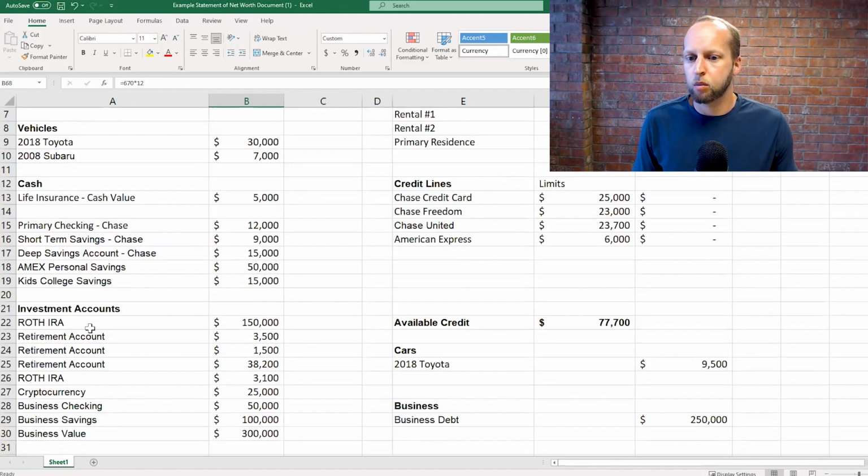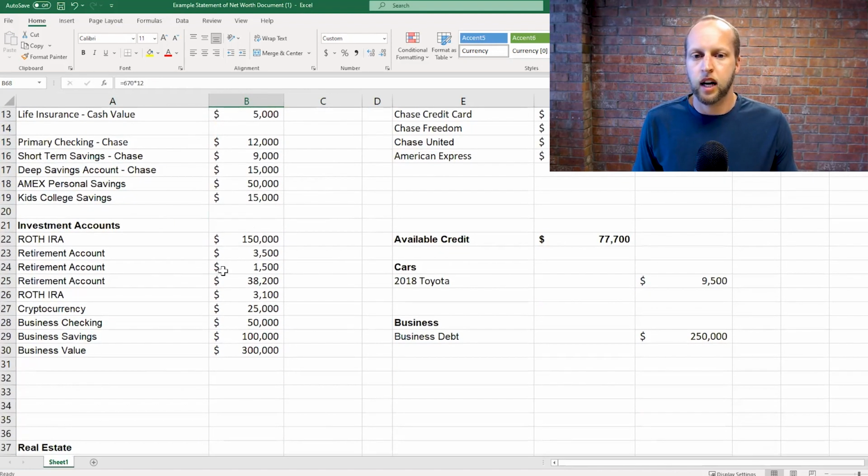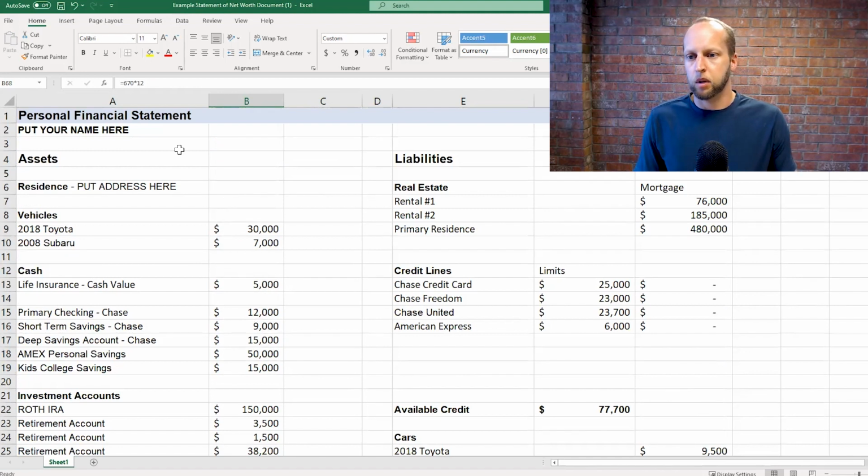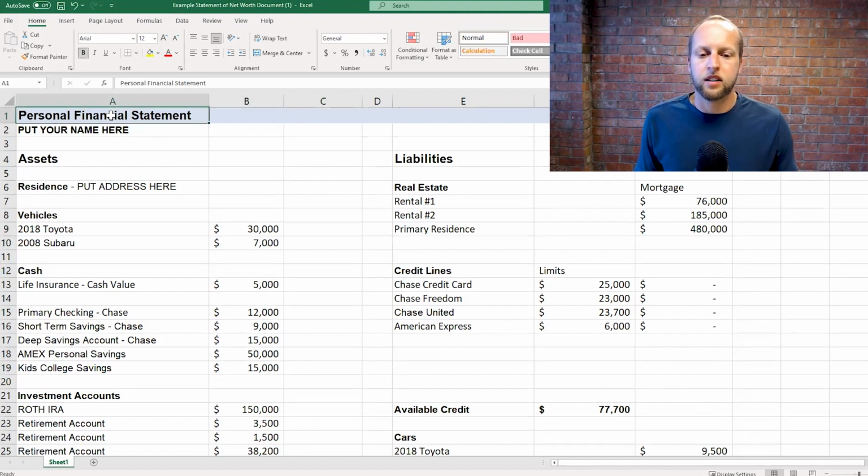And that's why it's so important to build up the asset side of this balance sheet and statement of net worth. All right, guys, I hope this helped, breaking things down. Again, I'll have this template for you below, but hopefully this will at least show you where you are today and how you can move forward.